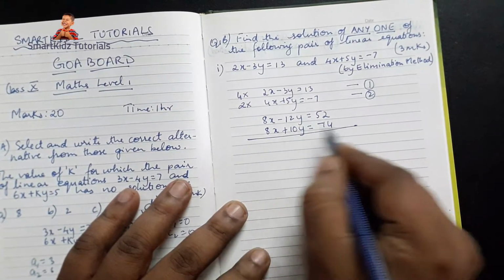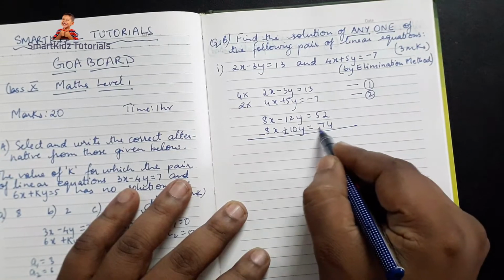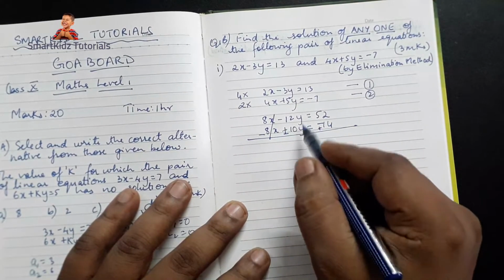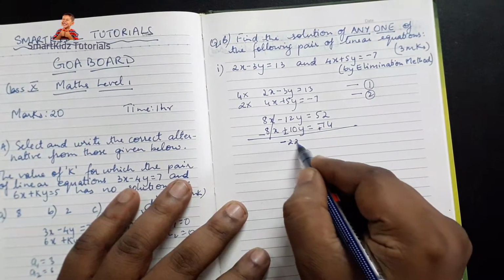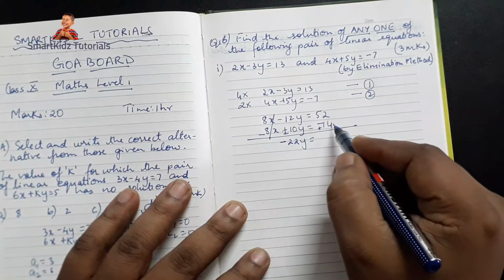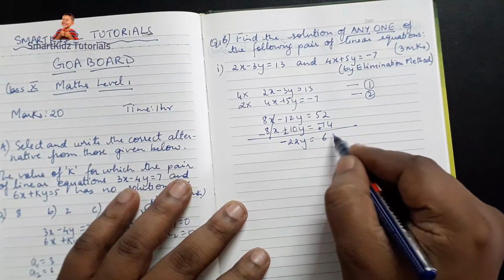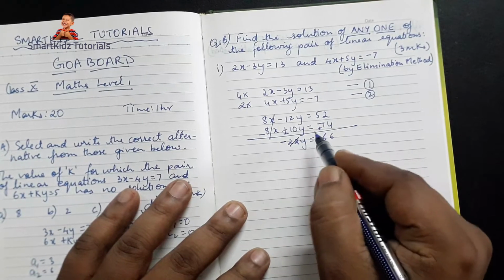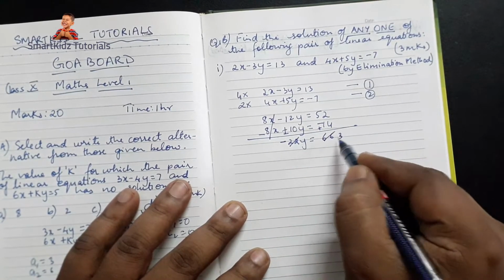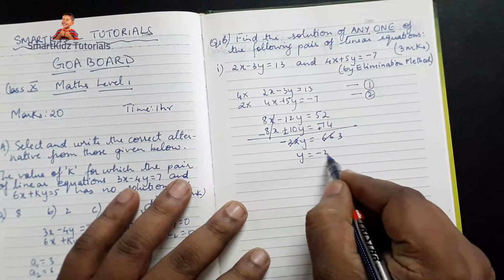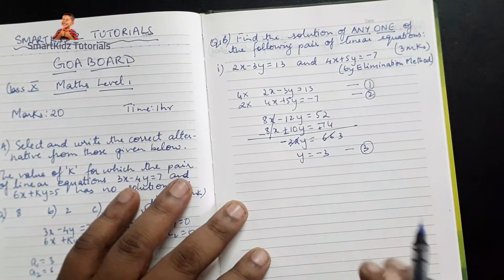Change the signs throughout. So the x terms get cancelled and this becomes minus 22y equal to 52 plus 14, which gives us 66. 22 threes are 66. So we get y equal to minus 3. We mark this as 3.